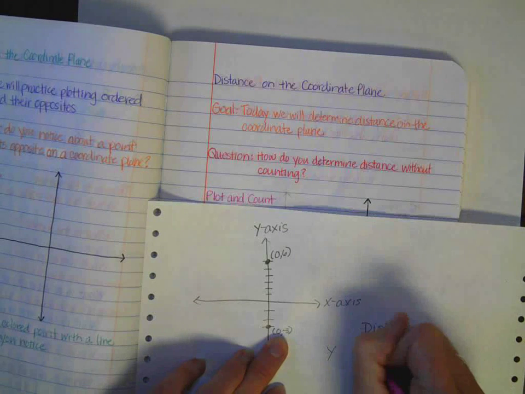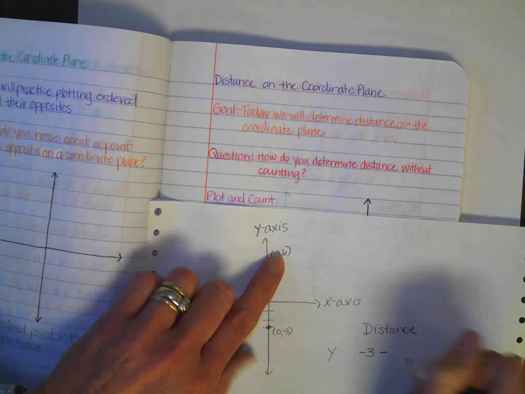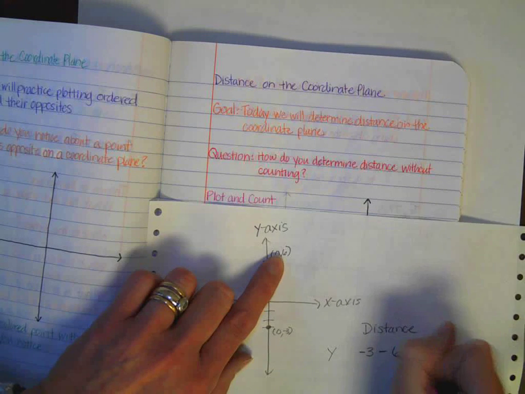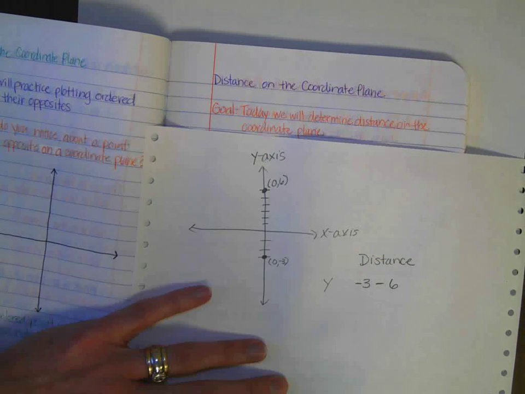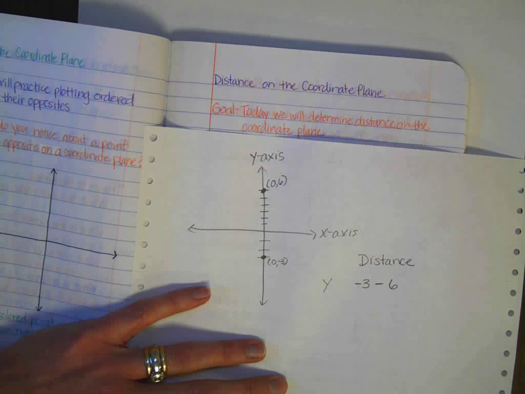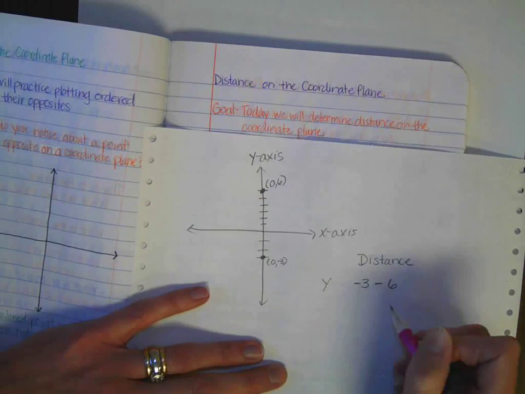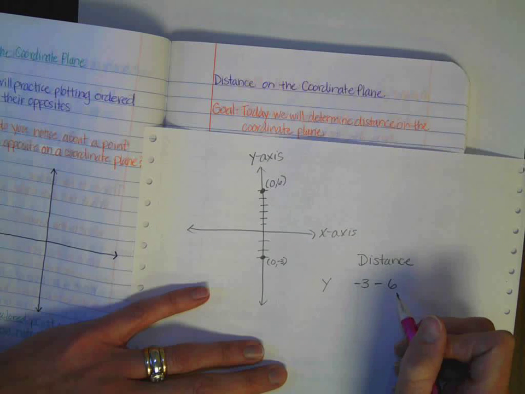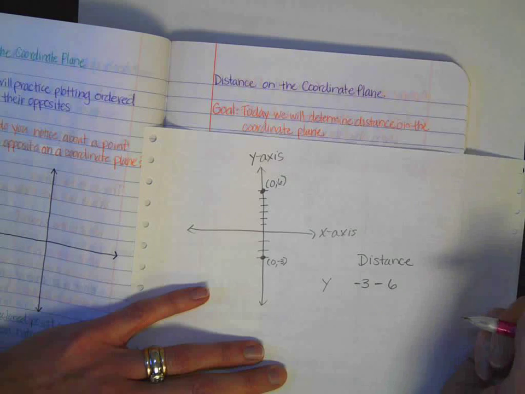It doesn't matter which one you start with. I'm going to start with the -3. So I have -3 minus, what does this one say up here? 6. Okay, so that's pretty easy. All I have to do is say to myself, how do I find the distance between two numbers? I have -3, and then I'm subtracting 6 more, and I have to figure out what the distance would be.